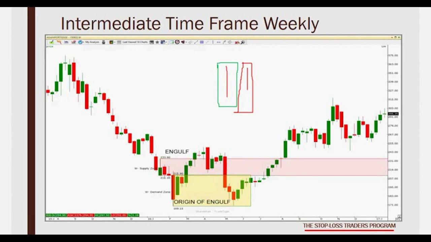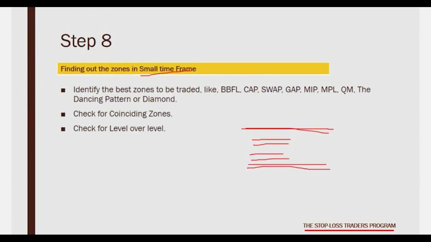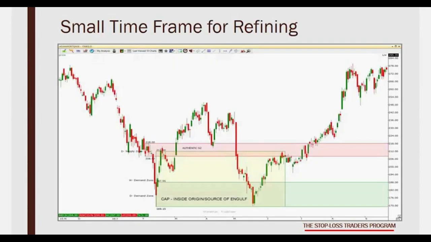So here in this case, I have the diagonal SR line, which is an SR flip. I have this accumulation area. Can you see the accumulation, friends? This green marked accumulation area, I have this. And also inside the accumulation, can you see what is here? There is a beautiful BUFL cutting through, and that BUFL is also a source of engulf.